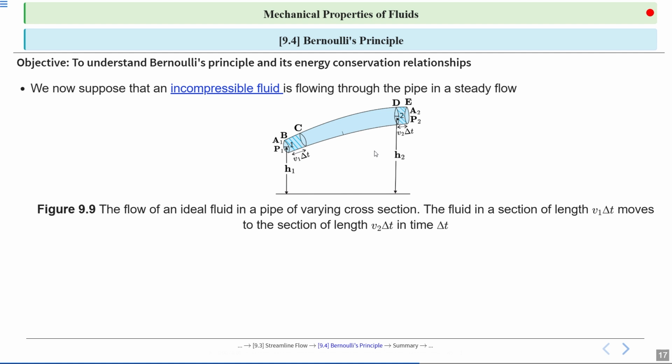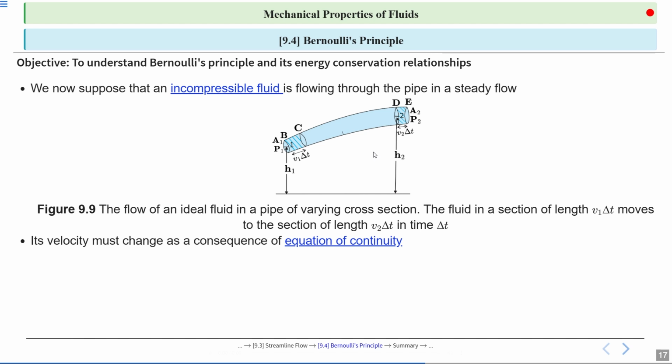It shows an ideal fluid moving through a pipe that changes width. The fluid moves from one section to another over a certain time. The lengths v1 times delta t and v2 times delta t represent how far the fluid travels in each section during the same time interval. This setup helps us visualize how the fluid's properties change as it moves.